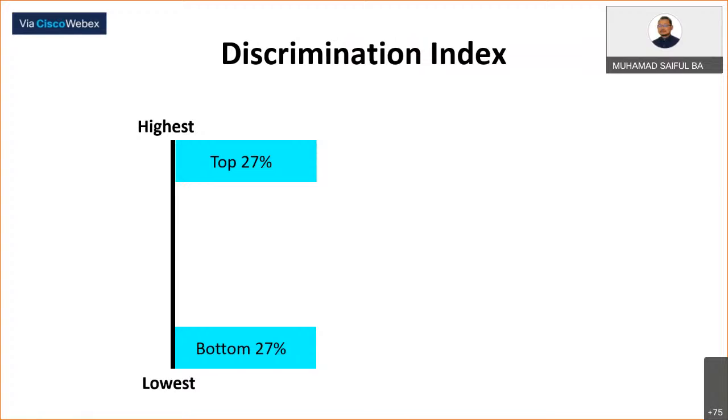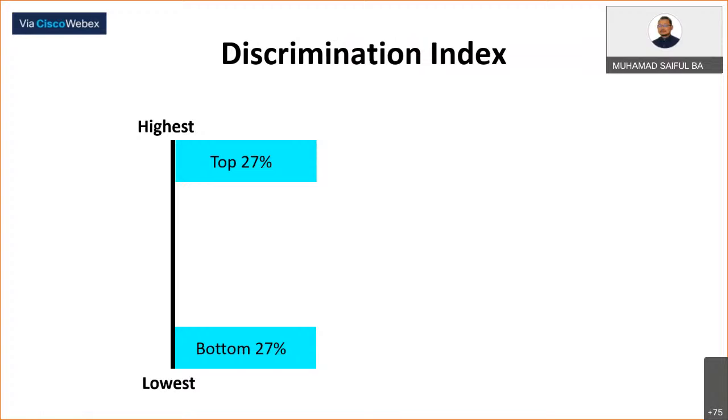When we analyze the discrimination index, we rank the student performance from the top performer to the bottom, the lowest performance, based on the total mark for that particular assessment. For example, let's say we took the MCQ, multiple choice question.